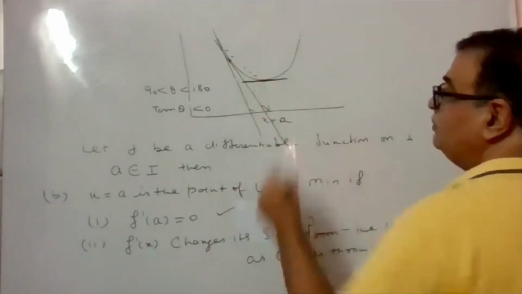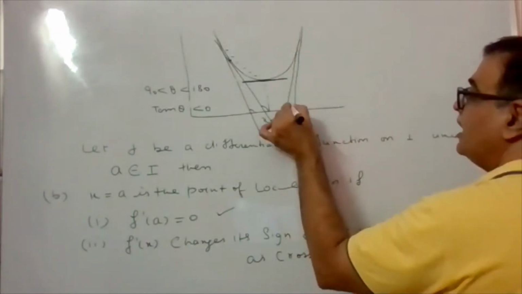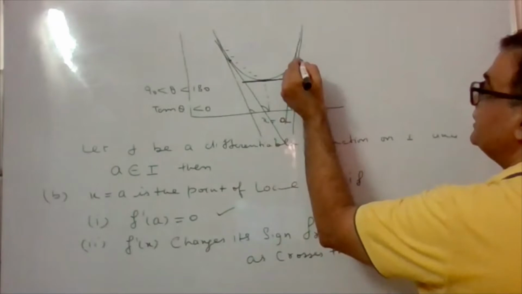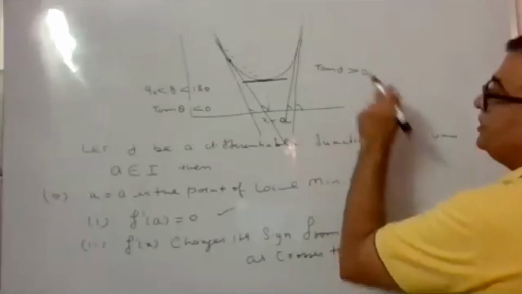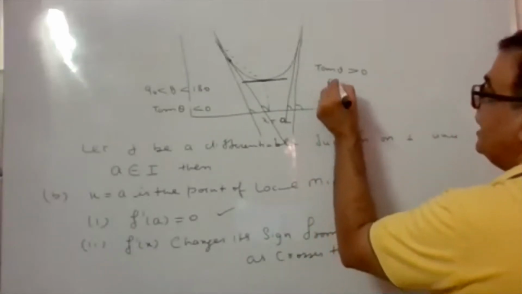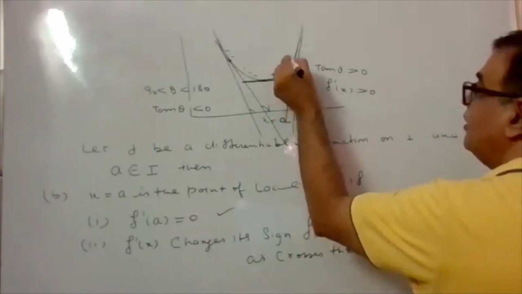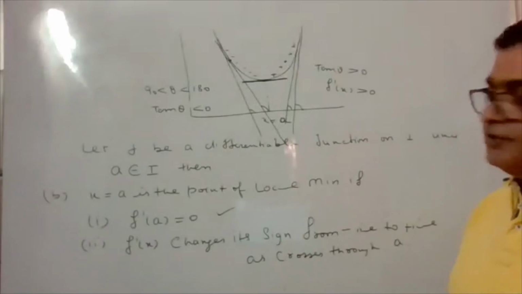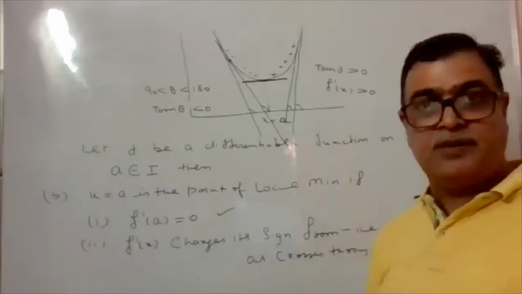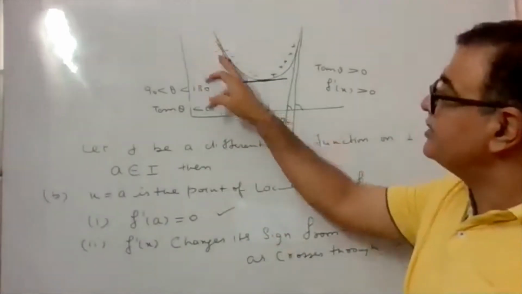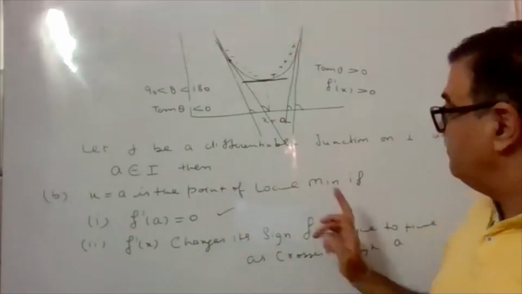Here it becomes 0. And at this stage, if you draw the tangents, they all make acute angles. That means tan theta will be positive here. Tan theta is greater than 0, or I should say f dash x is also positive. That means dy by dx changes from negative to positive. So if x is equal to a is the point where f dash a is 0, and at the same time dy by dx changes from negative to positive, we call this point a local minimum.